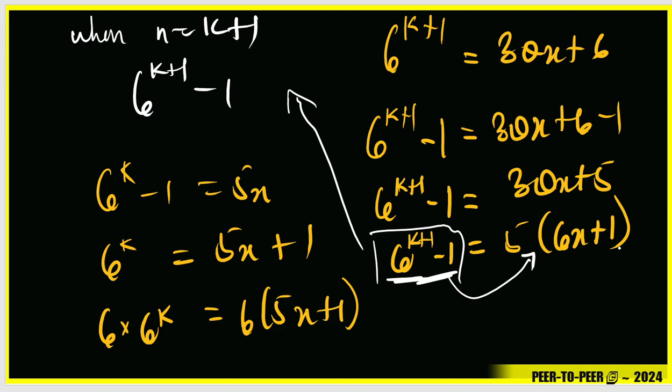And once the bracket is a natural number, times 5 is a multiple of 5. So hence, the expression 6 to the power k plus 1 minus 1 is divisible by 5. So the proposition is indeed true for all natural numbers n greater than or equal to 1.